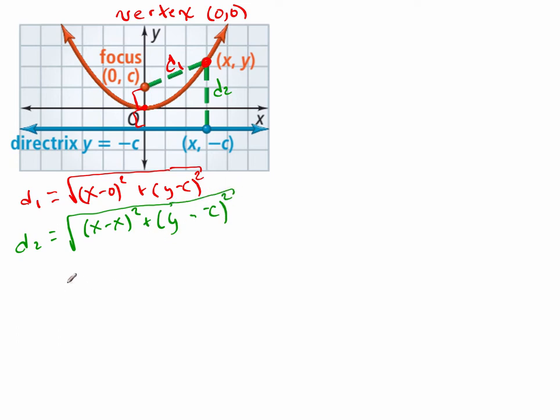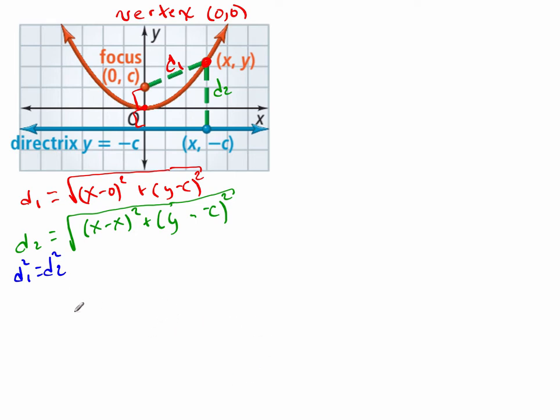Now, in order for the point (x, y) to lie on the parabola, these two distances need to be the same. So let me set them equal. d1 has to equal d2. Do you mind if I go on and square those before I write all that out?